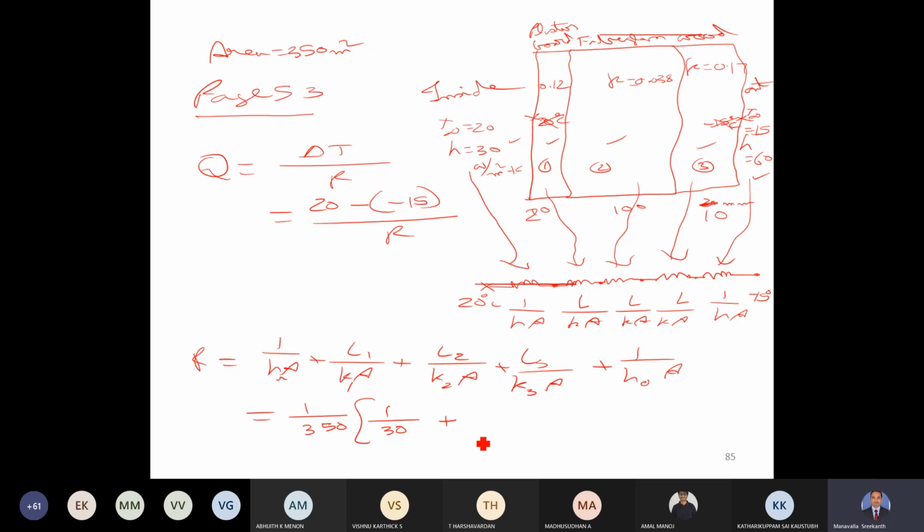This is 20 millimeters, so 20 multiplied by 10 power minus 3 divided by K1, which is 0.12, plus the second one, which is 100 millimeters, so 100 into 10 power minus 3 divided by 0.038, plus L3 is 10 millimeters, 10 multiplied by 10 power minus 3 divided by 0.17, plus the convection 1 by 60.